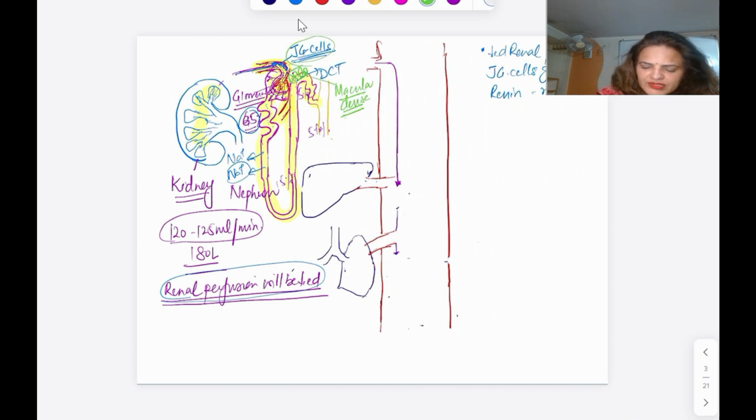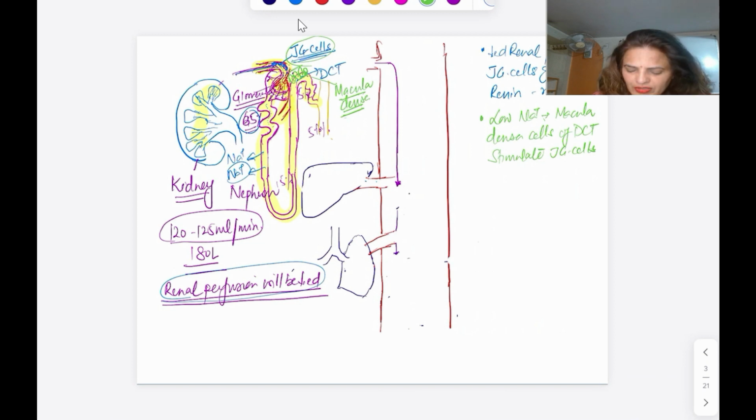So the second stimulus of renin release is low sodium. This is going to stimulate the macula densa cell of the DCT, and that is going to stimulate the JG cell, right? And renin will be released.